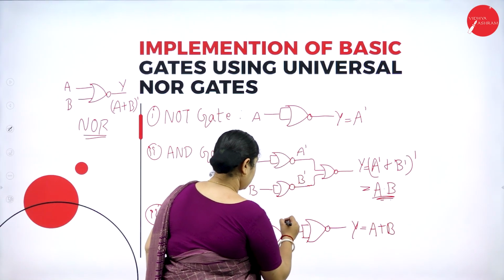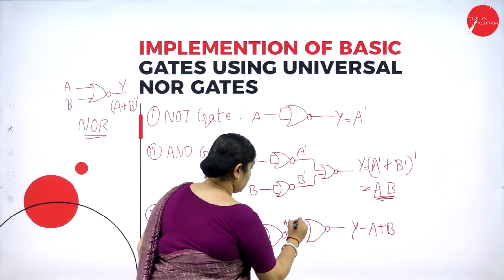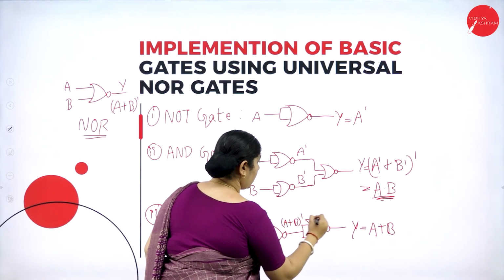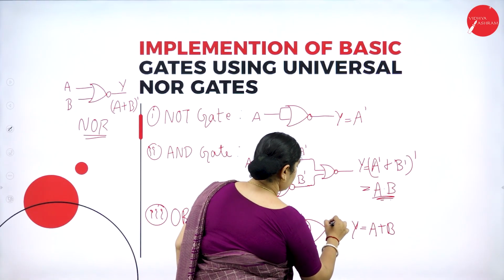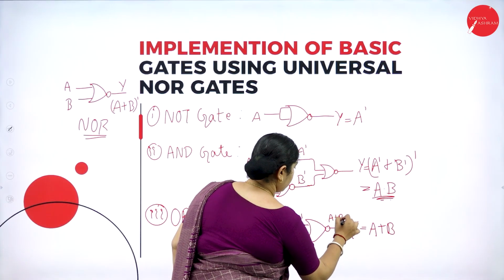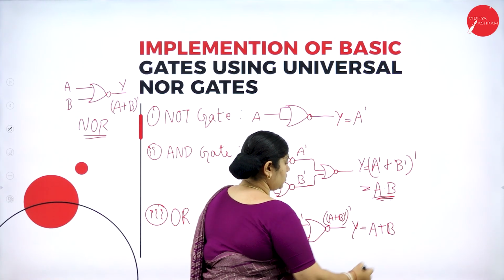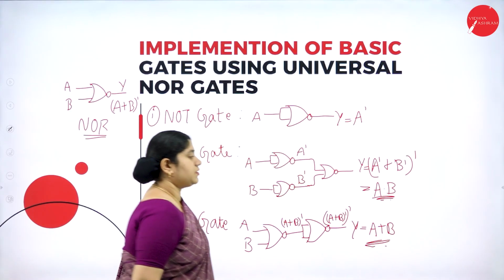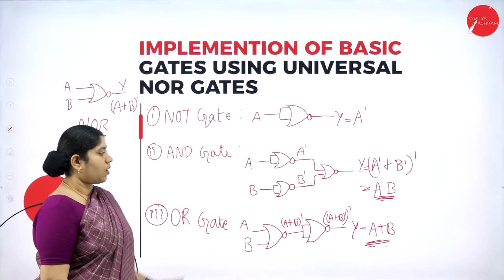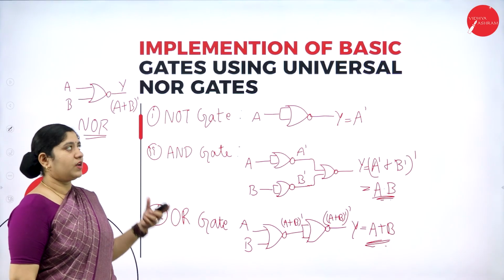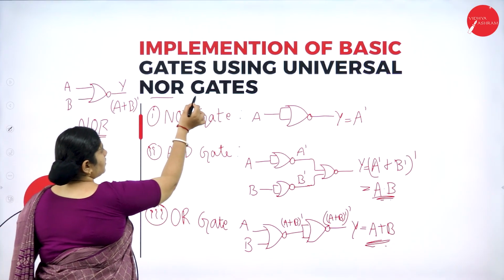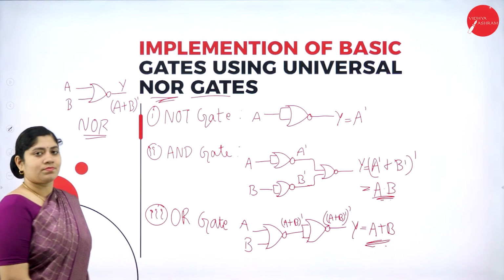So here it is A plus B whole bar, which gives us a value of A plus B. So this is how we can implement the basic gates by using our universal gate, that is a NOR gate.